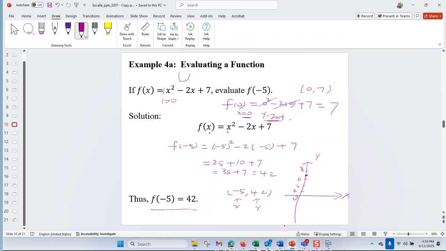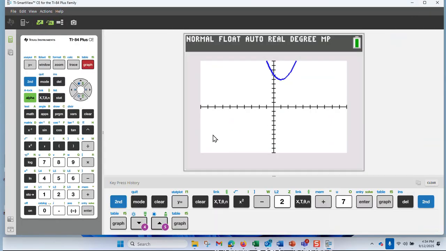Then when x is equal to negative 5, you count 1, 2, 3, 4, 5, so negative 5 is right here, and y is positive 42, so that'll be somewhere way up here. To make it a graph, you probably need a few more points in order to curve it. That is how you do it manually, or you can use the calculator as a reference.